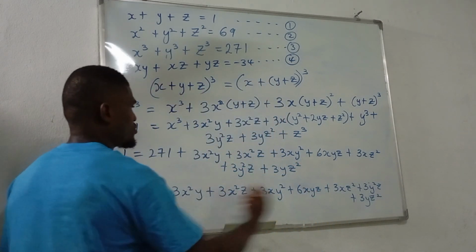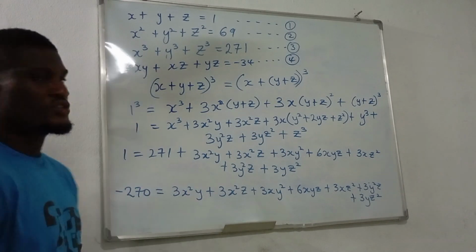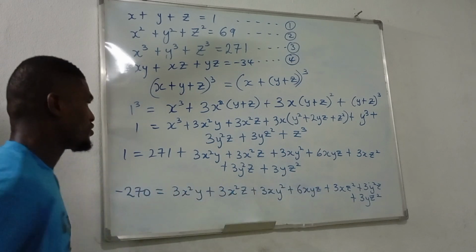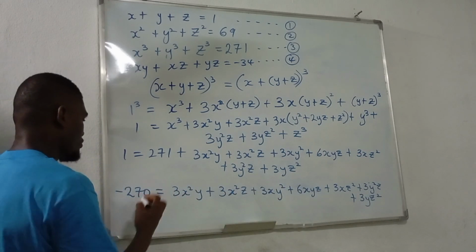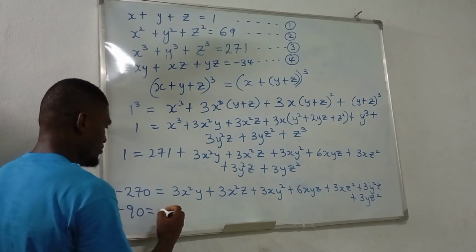Alright, so if you look at the equation here, everything is a product of 3. Everything is a product of 3, so we're going to divide 3 out. So if you divide 3 out of this equation, we're going to have a negative 90 on this side.